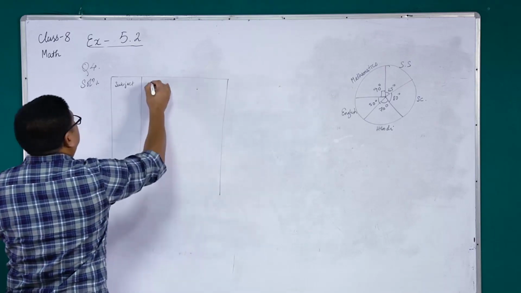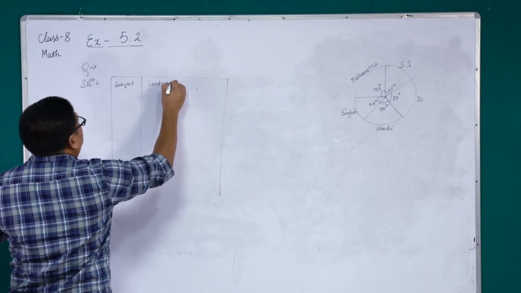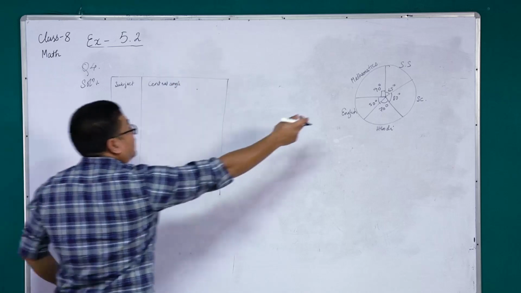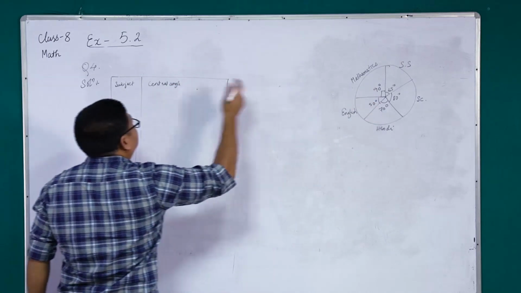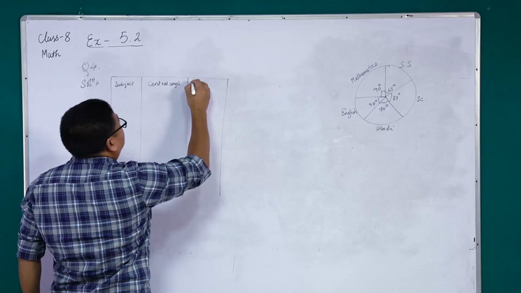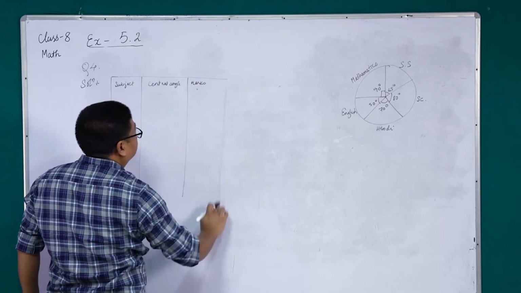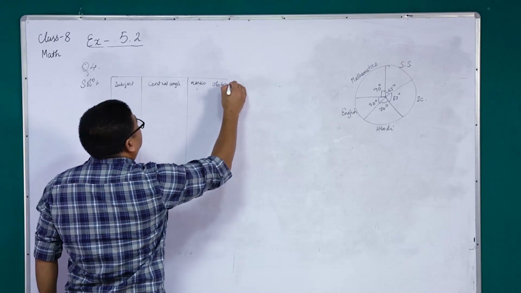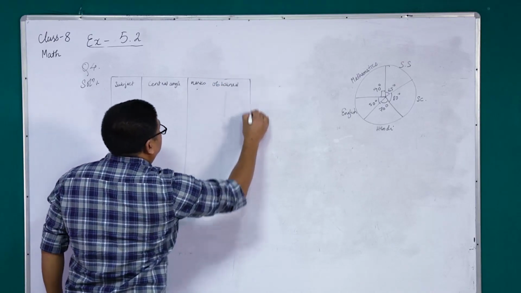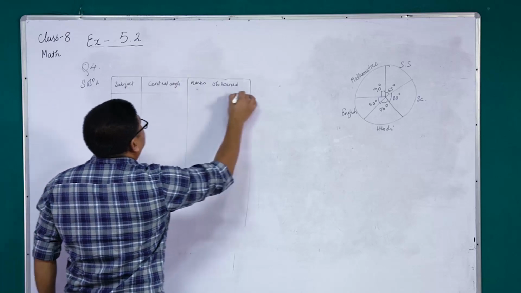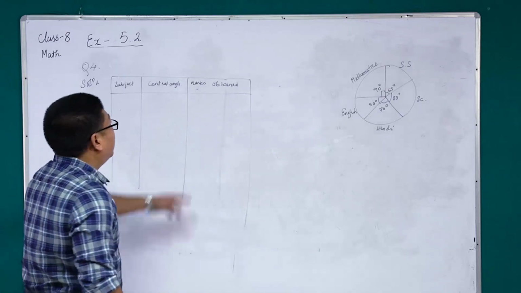The next will be central angle. Central angle has been given 90, 65, 80, 70, 50. And finally, marks obtained. Now, using this table, we're going to calculate the marks obtained.